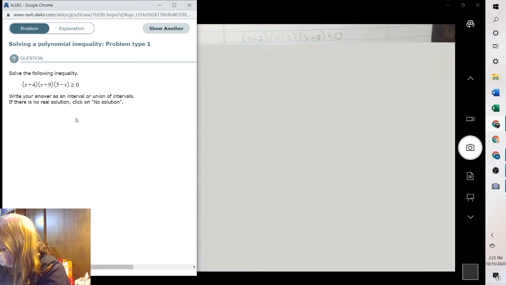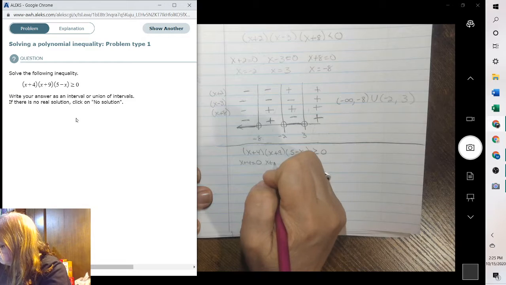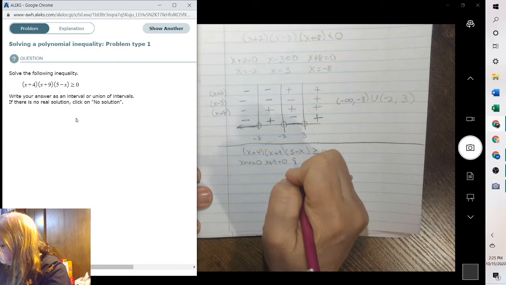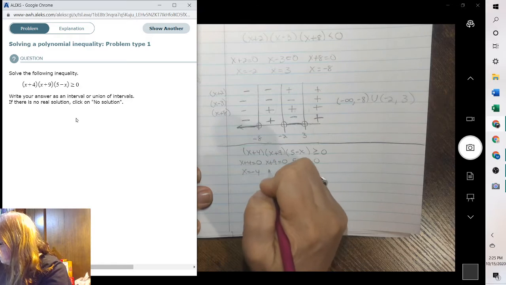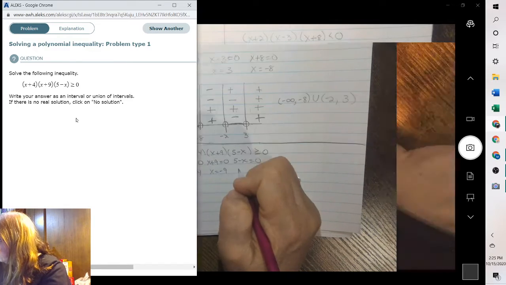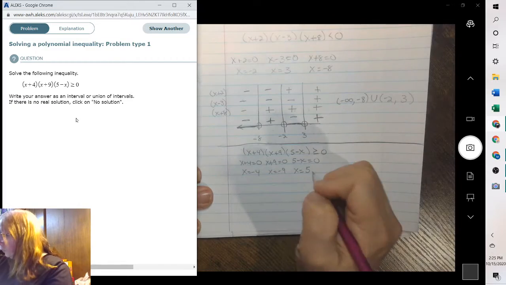So setting them equal to 0, we get x equals -4, x equals -9, and x equals, adding the x over, x equals 5.